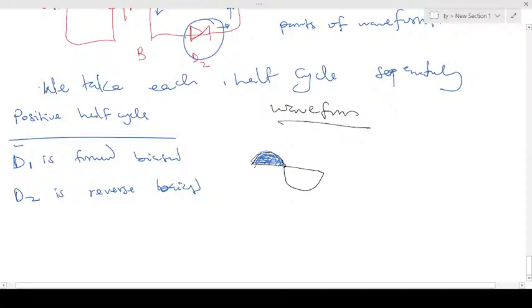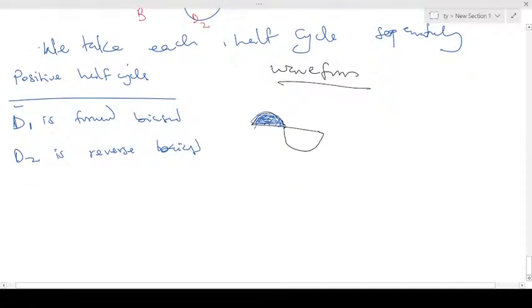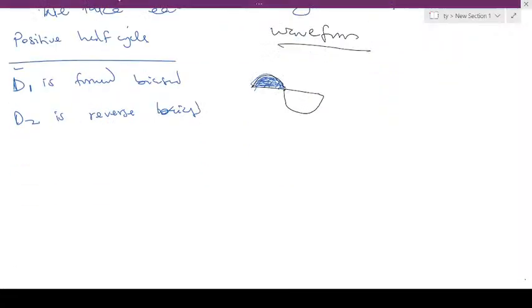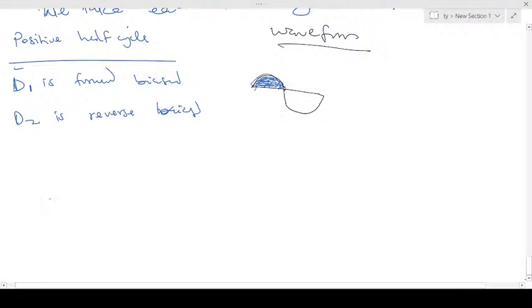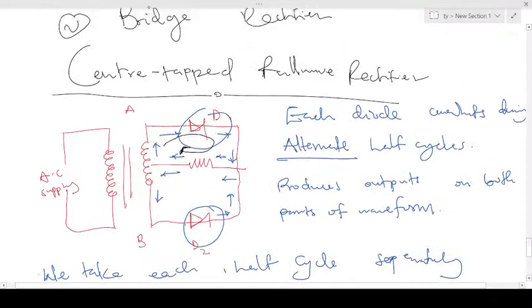Now during the negative half cycle, current flows in this manner.